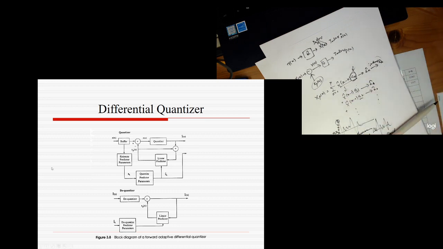So you can see this one is according to the original data, do the estimation of your prediction coefficients, and then quantize the coefficients. Send the index to the decoder. This quantized coefficient is for predicting your current input data. The decoder gets the coefficients and knows how to do the prediction.